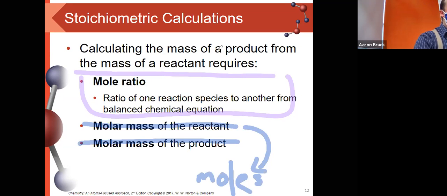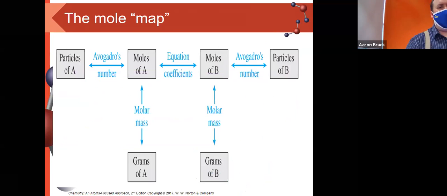Now, one method of organization is through something that I refer to as the mole map. What the mole map gives us is a way of doing interconversions. If you look at it from this standpoint, we actually saw a version of this back in chapter 2.